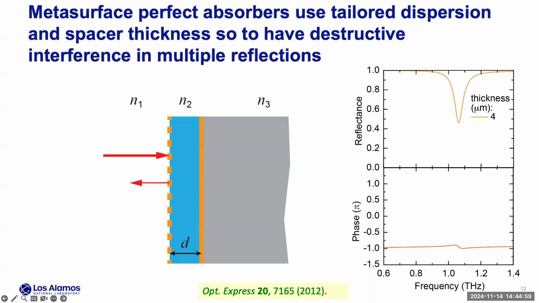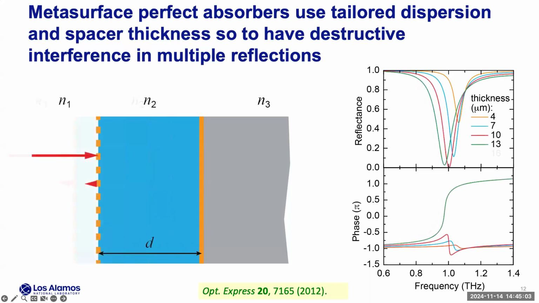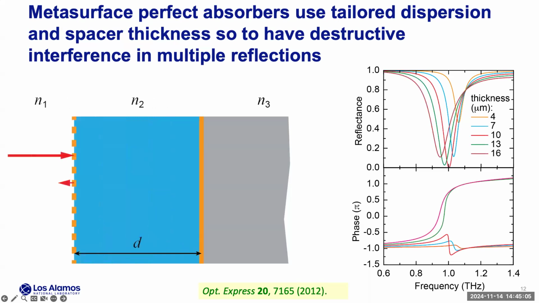And as you vary the spacer thickness, you can optimize the perfect absorption. So you get perfect absorption within this particular optical component. And this is again due to constructive and destructive interference, in this case, destructive interference.